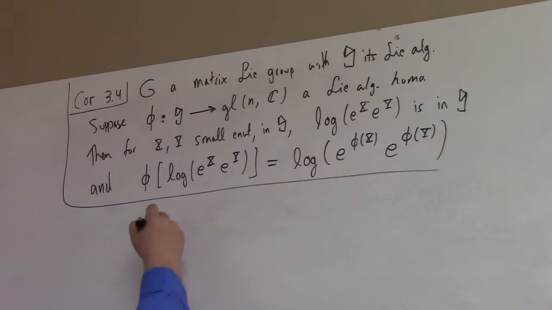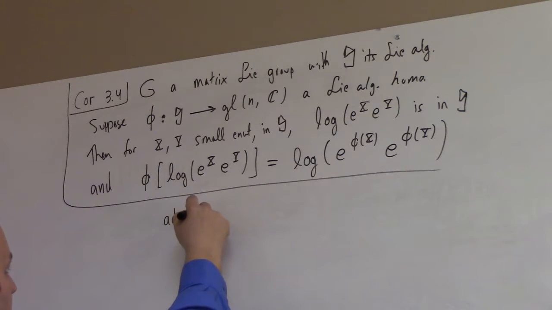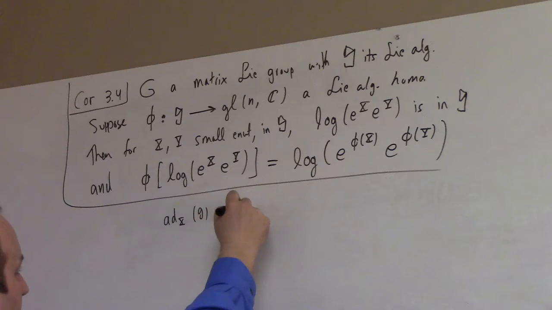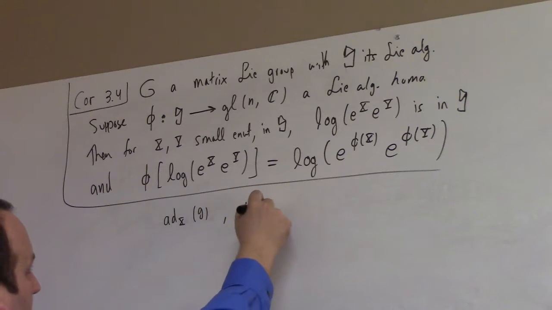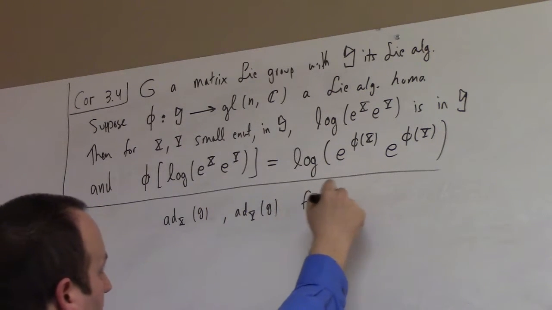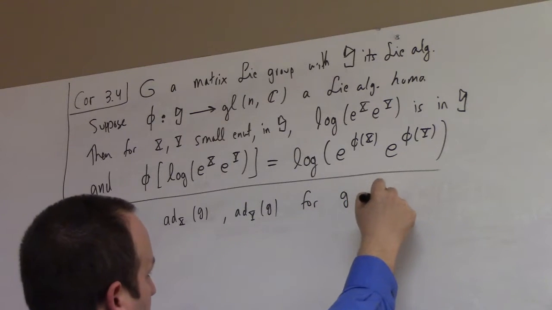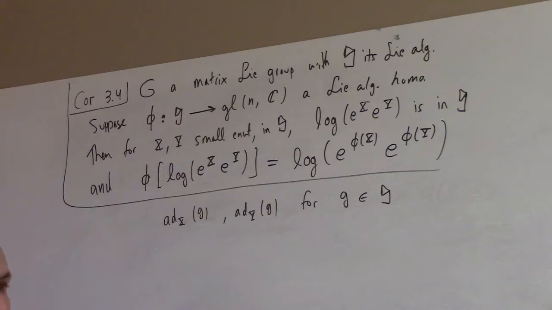Right, I mean, if you're calculating the adjoint of x of, let's say, g, and the adjoint of y of g, for g in fraktur g, then what are these?